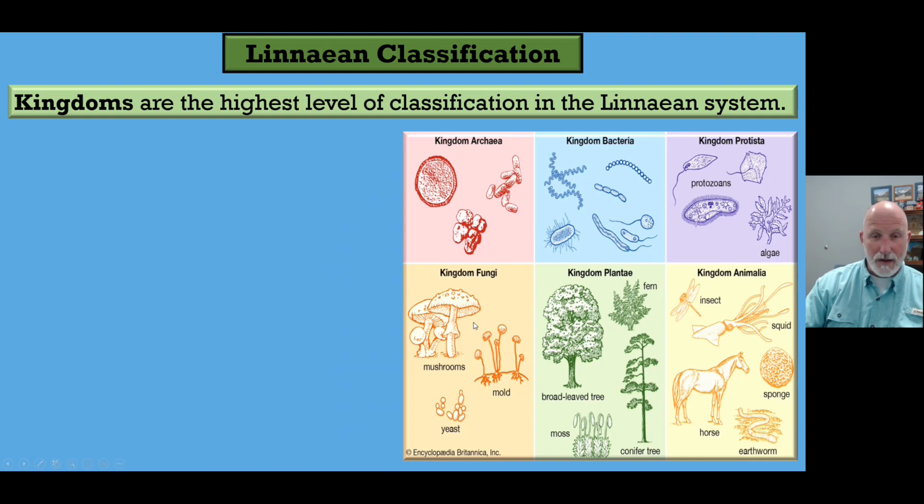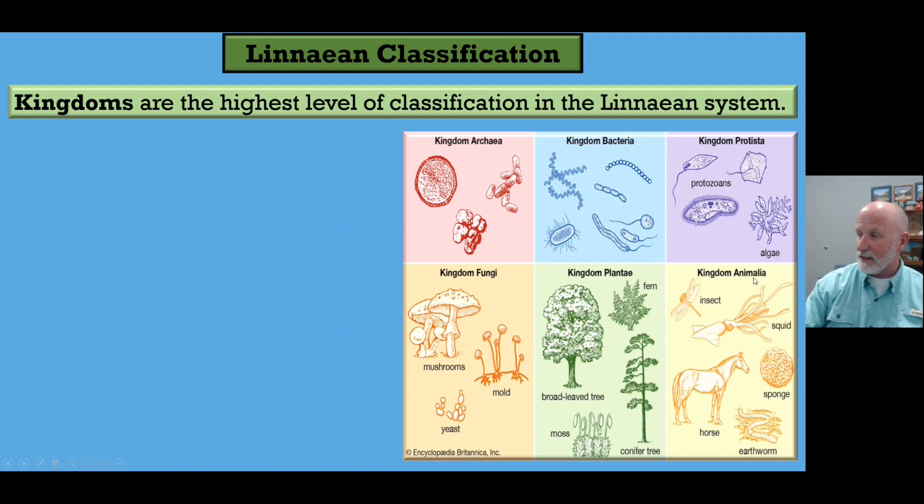Okay, Kingdom Fungi, which this time of year in Indiana, a lot of us love to go mushroom hunting. Mushrooms are part of the fungi group or kingdom. Okay, but also mold and yeast. Yeast for making beer and making bread. Okay, I don't know whether you want to teach kids that making beer, but it is.